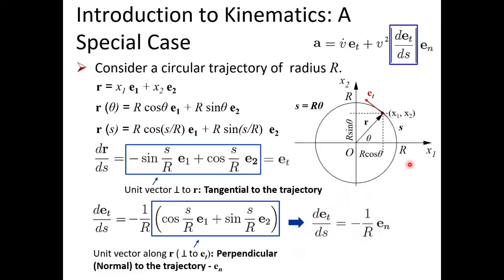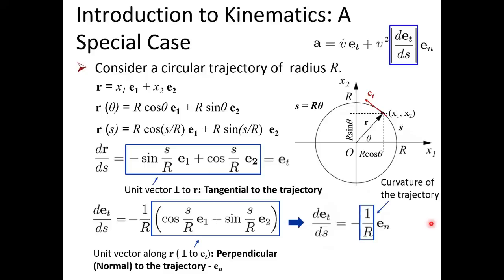Again, this discussion considers a circular trajectory, and this is correct only if the trajectory is a circle. So the magnitude of dEt over ds is 1 upon r, and that is called the curvature of the trajectory.